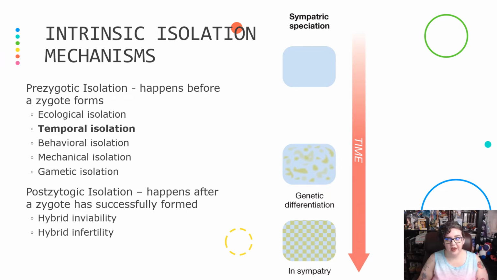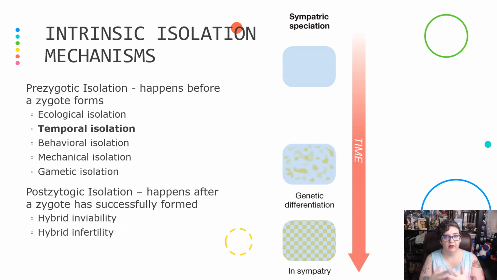The next one is temporal isolation. And when I say temporal, I want you to think of time. Right? So temporal isolation means that now they're in the same area. They may be in the same habitat, so they're no longer ecologically isolated, but now they are temporally isolated, meaning that maybe one of them reproduces in the fall and one of them reproduces in the spring.